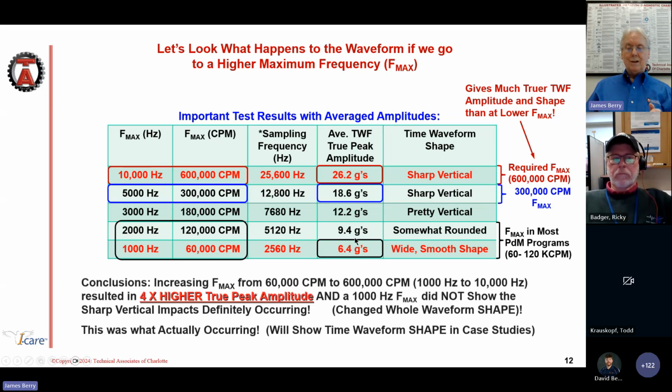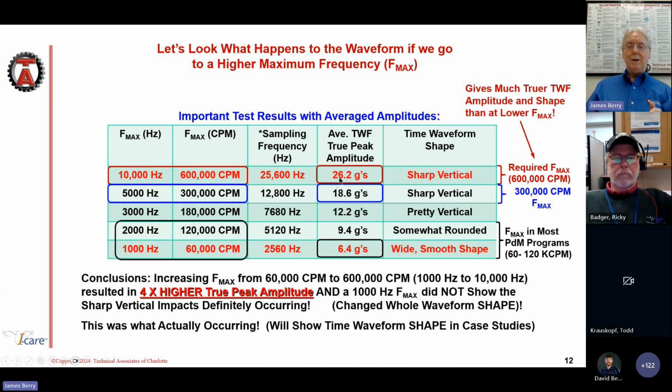26 Gs versus 6 Gs. Not good. We knew there was a real problem. We took one sample of data at 10,000 hertz. We took another sample at 5,000 hertz, 3,000 hertz, 2,000 hertz, 1,000 hertz. And as we did that, the amplitude got smaller, smaller, and smaller. The problem went away. Or did it? The problems are still there.